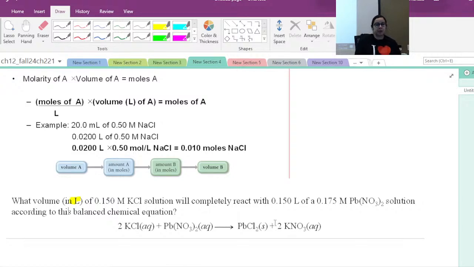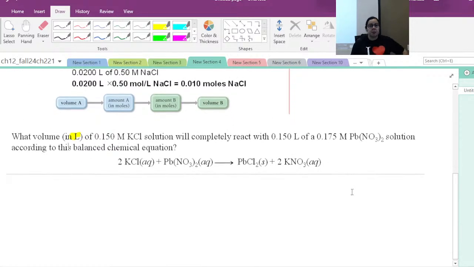So let's start hearing, what do we have to calculate first? You're looking at the lead nitrate?